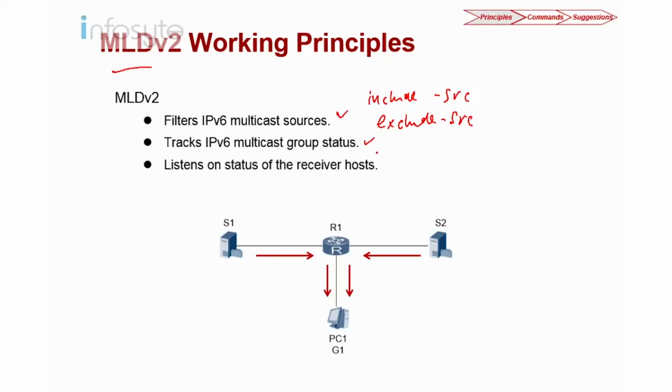They also allow you to track which multicast group you are going to join. They have a list in the MLD query to track who wants to join and who wants to leave, and MLD version 2 also listens to the status of the receiver. These are some of the features of MLD version 2, but primarily it has the feature of joining a specific multicast source.